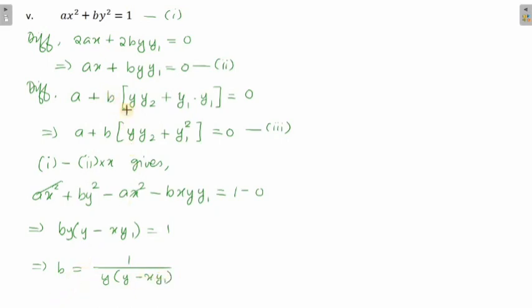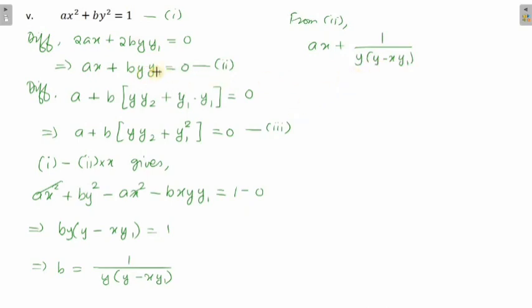Now let's find the value of a. So for that, you can substitute the value of b in equation 2. So from equation 2, let's see what we get. So we have ax plus, in equation 2 we have b y. So what is b actually? B is 1 by y into y minus x y1, isn't it? So this is my b.